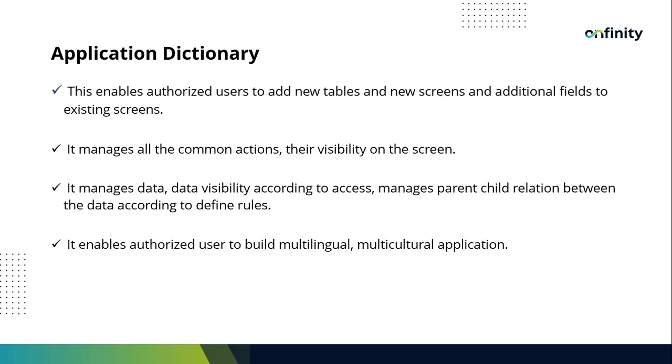You can create customized screens from scratch by configuring rules in the application dictionary, and you can also customize existing screens. If you want to add one or two fields to an existing screen, you can add those fields to the existing screens. These are all configurable, and later, you can package those screens in a module and ship that module to the Onfinity market.